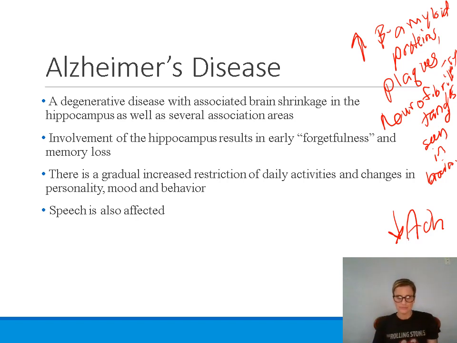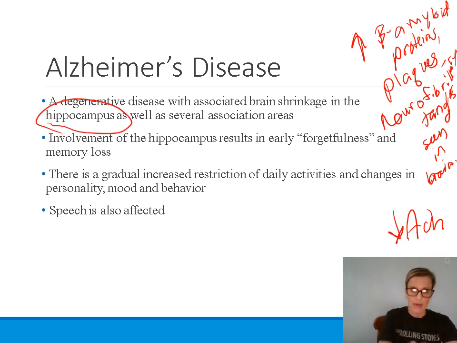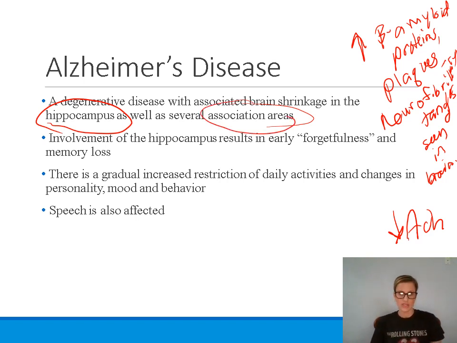In general, Alzheimer's is a degenerative disease, and it's associated with brain shrinkage in the hippocampus, as well as several association areas. The hippocampus, you guys know, is important for memory, right? Especially forming short-term memories and forming new memories.